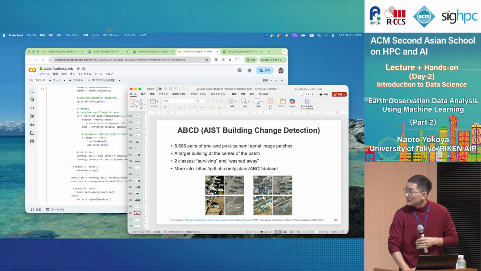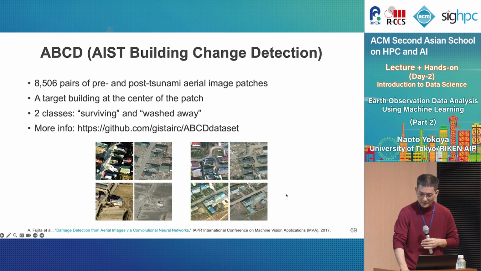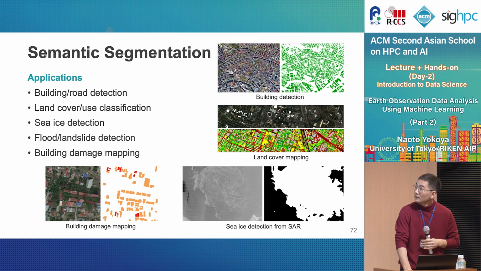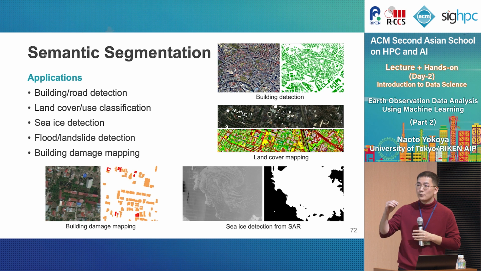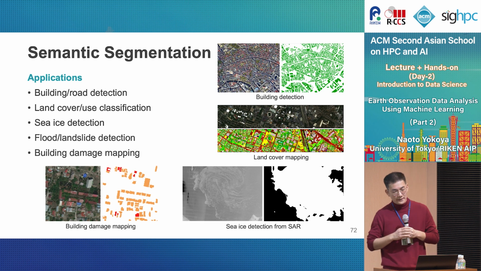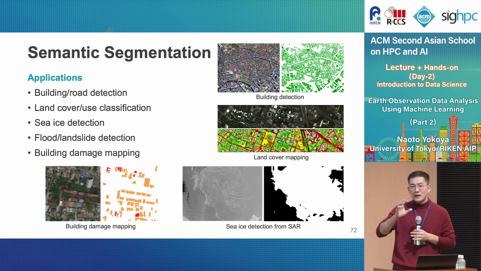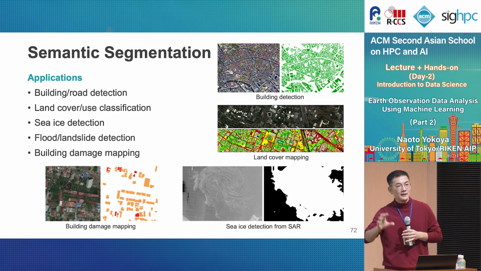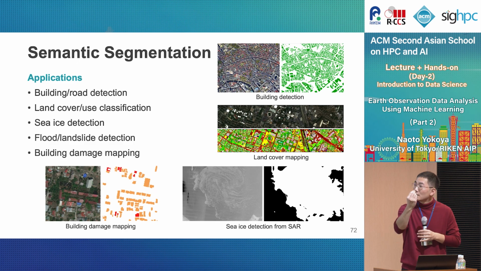Okay, then let us go back. We have 7 minutes only. So not that much time left. But semantic segmentation is the classification of every single pixel. So a naive idea is to crop each patch and classify them so that we can get a classification result for every single pixel.